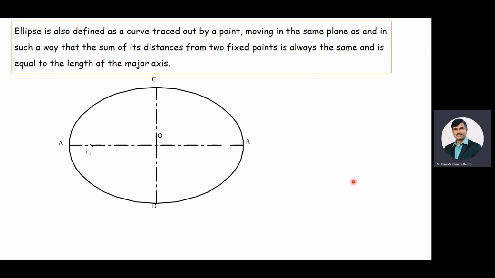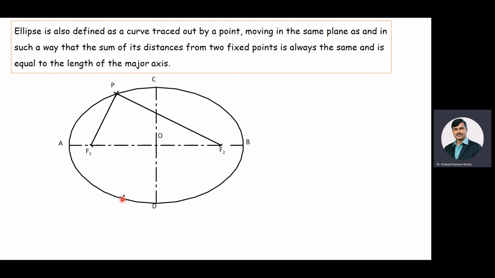Then F1 and F2 are two fixed points. P is a point on the ellipse. Then the sum of the distances of P from two fixed points, say PF1 plus PF2, and Q is another point on the ellipse.